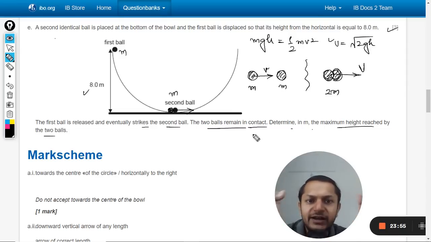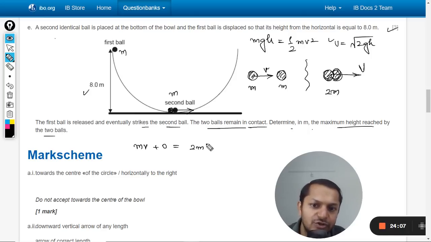So clearly, I would be applying the conservation of linear momentum principle here. Before collision, it is m into v plus 0 is equal to, now the total mass is 2m, and now it is moving with the capital V velocity. So mv is equal to 2mV. m and m are getting cancelled out.